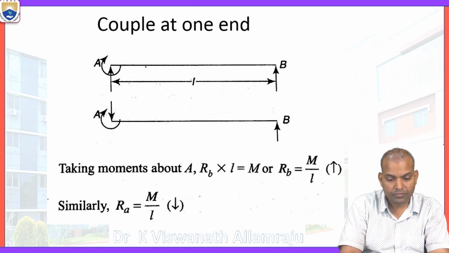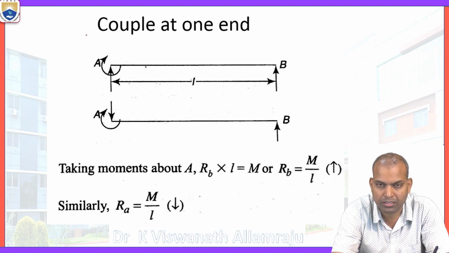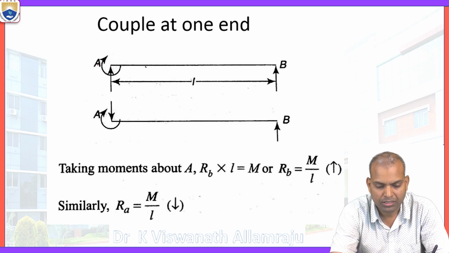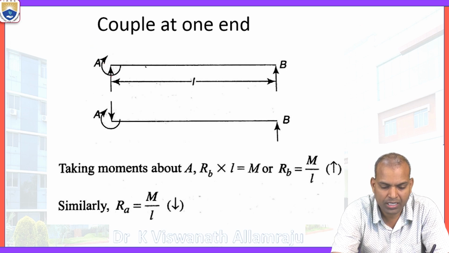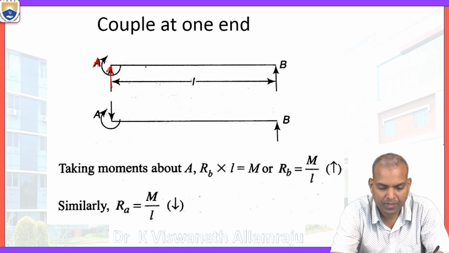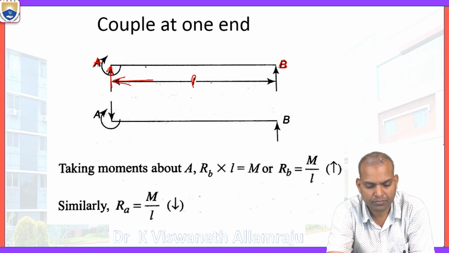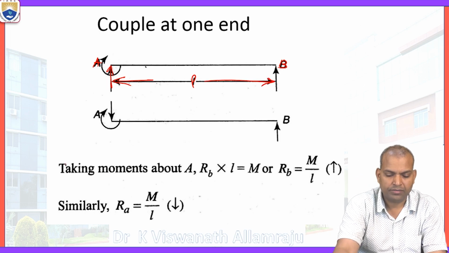Now, in the next case study, it is the couple at one end. Couple at one end means at the left support A it is in clockwise direction, and B is the other support. The span of the beam is L. How to solve it?